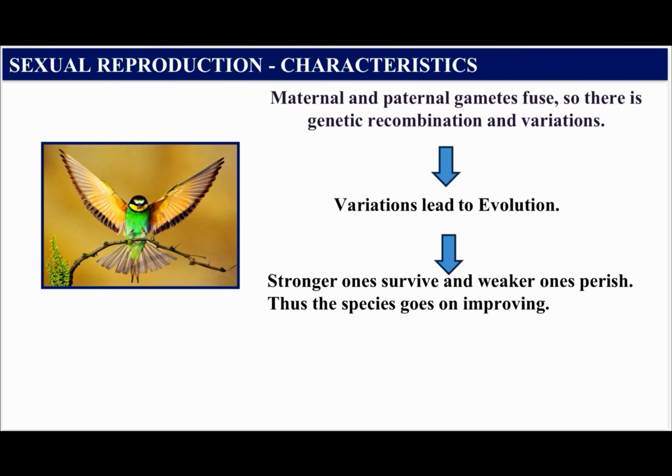So first we will learn some characteristics of sexual reproduction. In sexual reproduction, the gamete from the maternal side and the gamete from the paternal side fuse. Due to this fusion there is genetic recombination, and due to this genetic recombination there is a chance of variation. This variation ultimately leads to evolution.